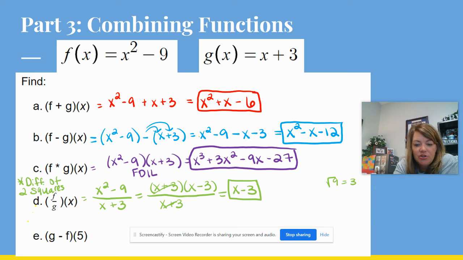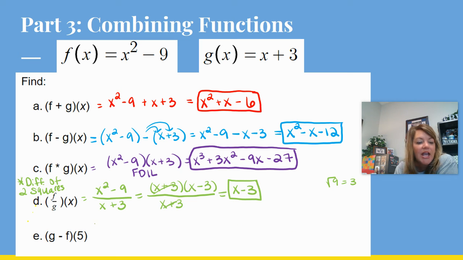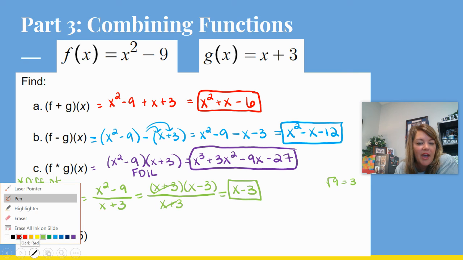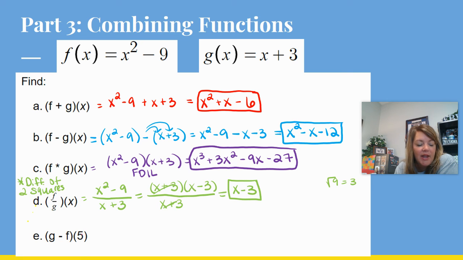All right, so we need to do g minus f of 5. Let me get red here. So g minus f, let's do that and then plug in 5, because this is not too hard to subtract. So g is x plus 3 minus f, which is x squared minus 9.